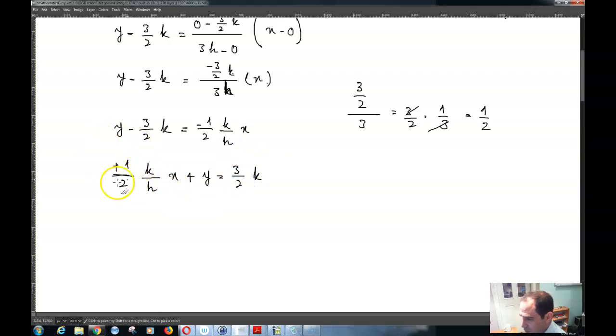And if you multiply by 2, this will be cancelled out, so k over h times x plus 2y is equal to 3k.